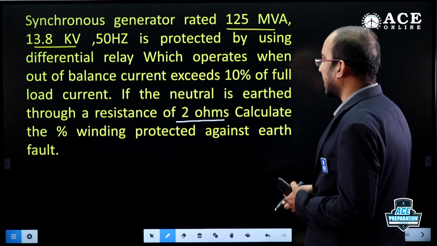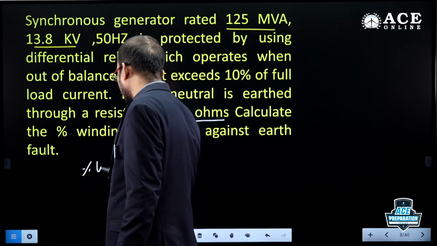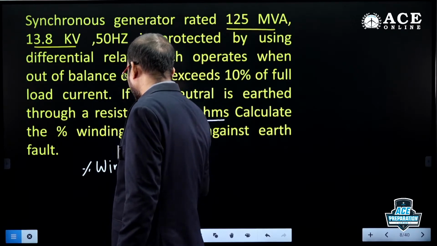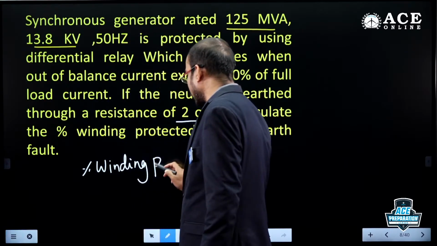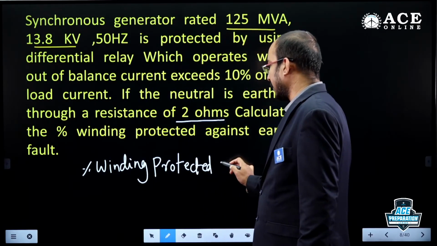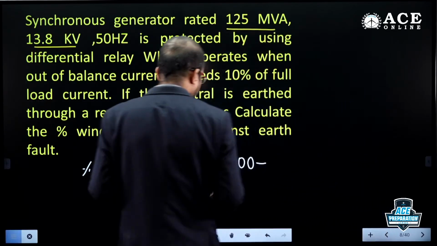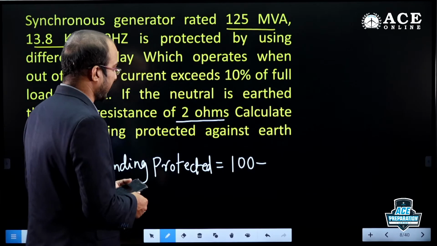So what will be the percentage winding protected? Percentage winding protected is equal to 100 minus the percentage winding unprotected that you got, 13.12.